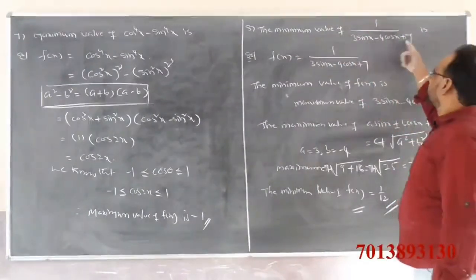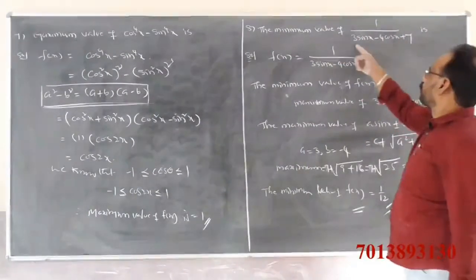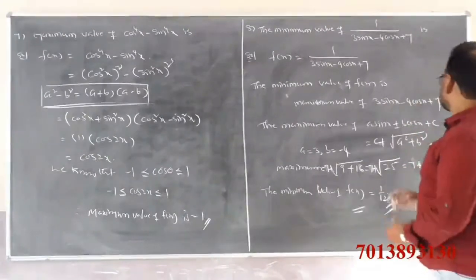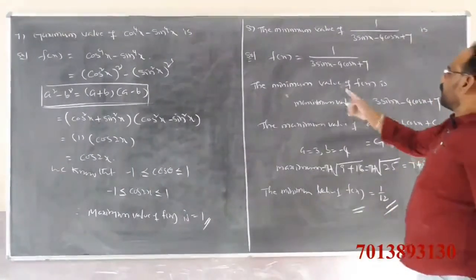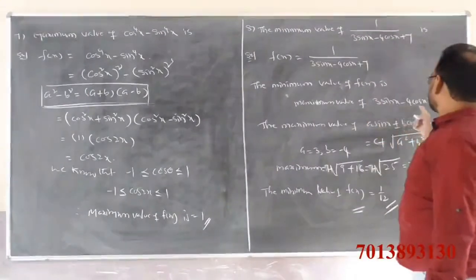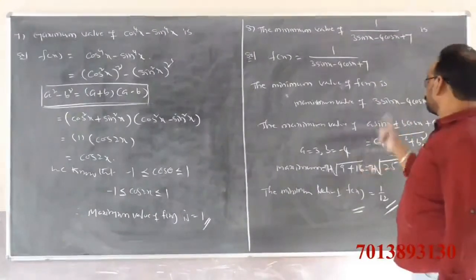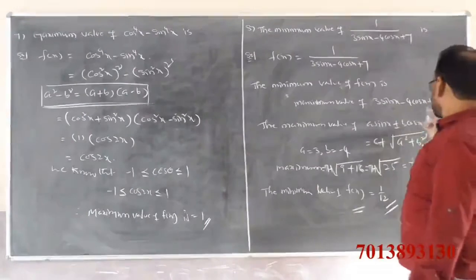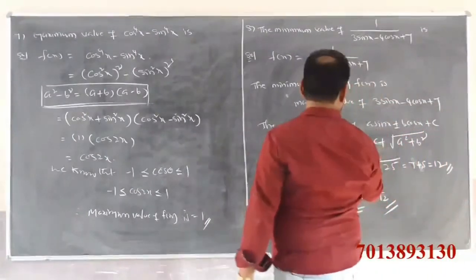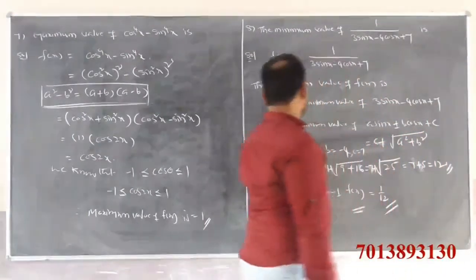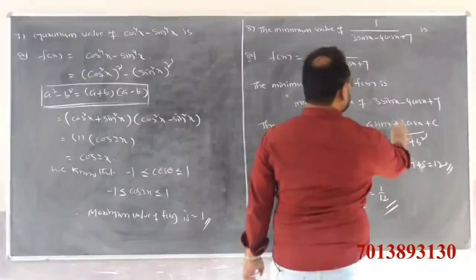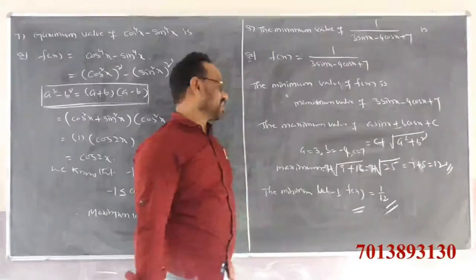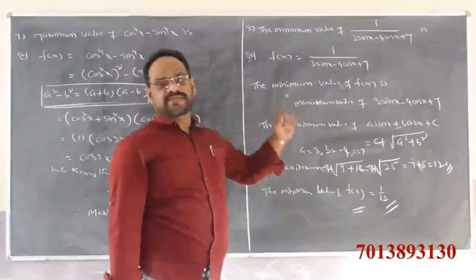What is the maximum value of 3 sin x minus 4 cos x plus 7? Here a is equal to 3, b is equal to minus 4, and c is equal to 7. The maximum value of a sin x plus b cos x plus c is clearly c plus square root of a square plus b square.